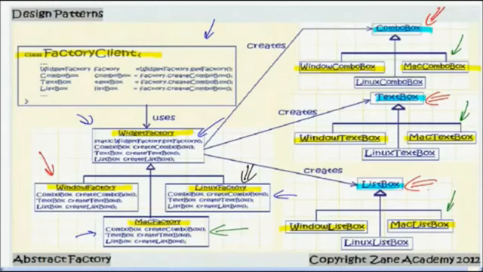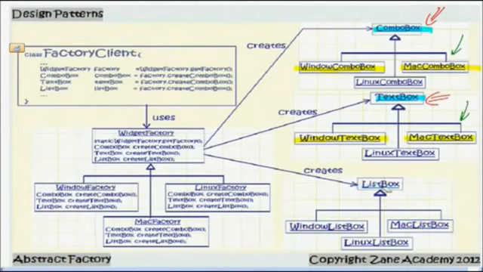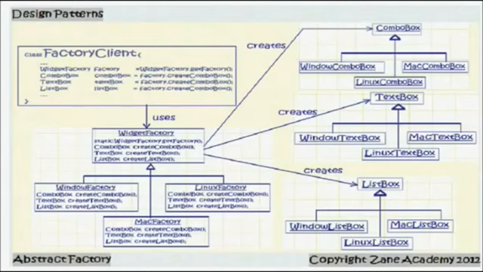Okay. So let me go through a scenario of how this pattern works. So we have a factory client. Suppose we're in this factory client class, somewhere in the code of the factory client, we can call widget factory.getFactory, essentially this method, in order to pick up one of these factories, either the Windows factory or the Mac factory or the Linux factory.